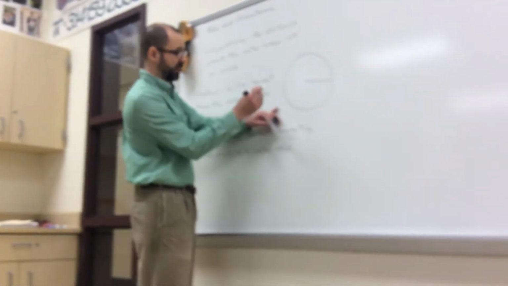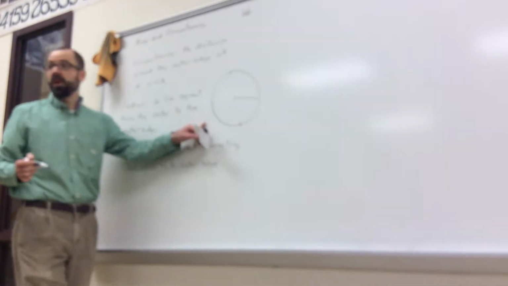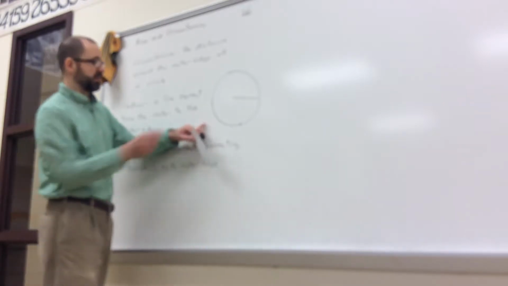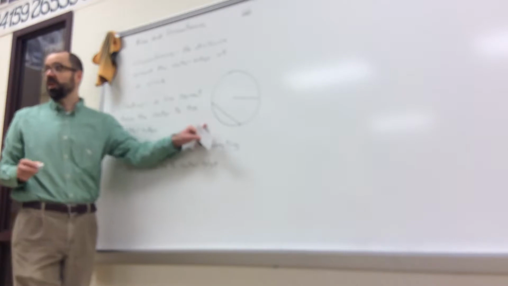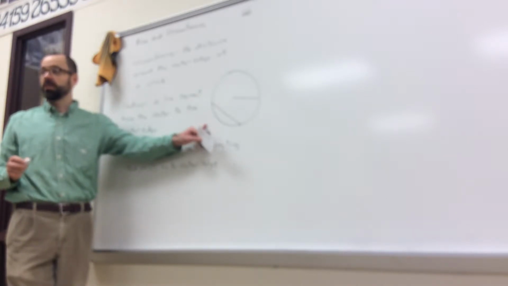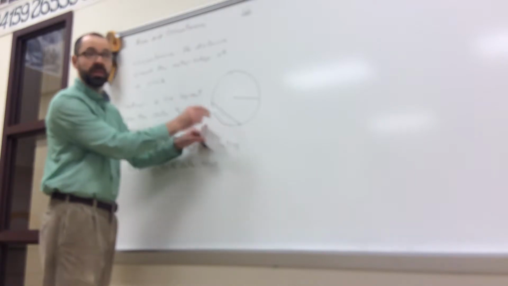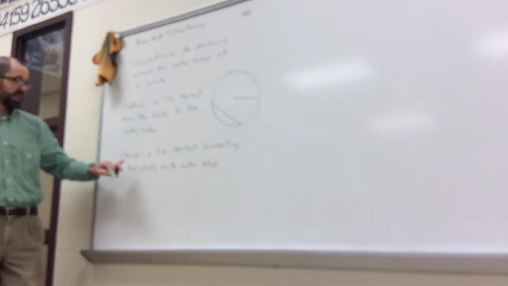So let's pick maybe this point and that point on the outer edge of the circle. And then if you connect those, that's called a chord. So I've got a line segment here that's connecting 2 points on the outer edge. The term for that is chord.